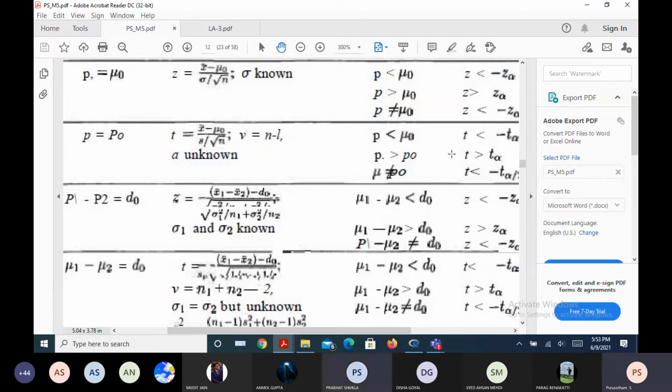Known. So z is equal to X bar minus mu naught by sigma by under root n. So this formula we are going to use. If sigma is not known, then we can go and use this one. Okay, right?